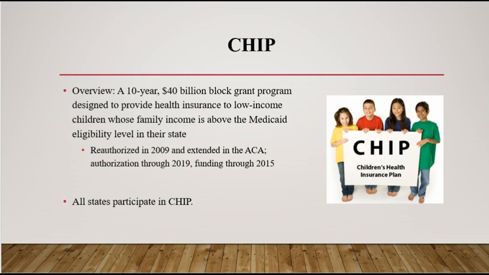Now, CHIP is designed to provide health insurance to low-income children whose family income is above the eligibility level for Medicaid in their state. And the funding and eligibility expansions of CHIPRA, which is the Children's Health Insurance Program Reauthorization Act, that's what the acronym stands for, are estimated to cover 6.5 million additional children in either Medicaid or CHIP.